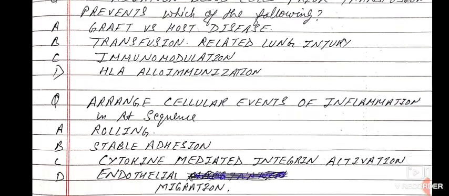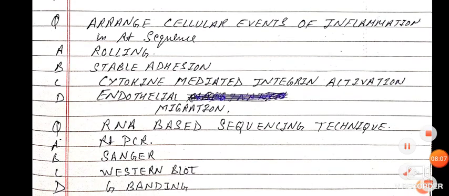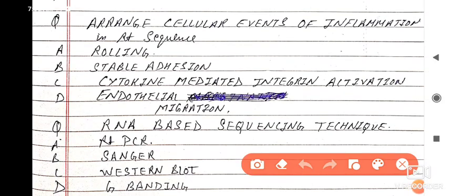Okay. Now arrange the cellular events of inflammation in the right sequence. Firstly rolling, then stabilization and adhesion, then cytokine-mediated integrin activation, and endothelial migration. So 1, 2, 3 and 4th. Okay.